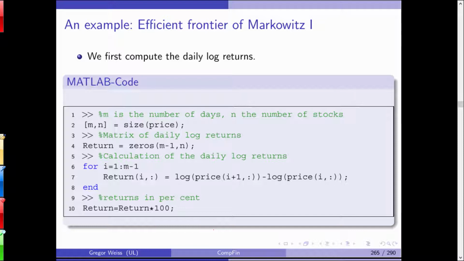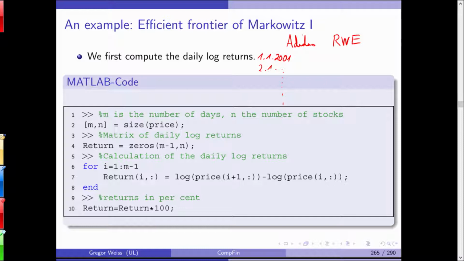So M is the number of lines, and N is the number of columns. So you have a structure where, for example, you have Adidas as a column, RWE, and this is the 1st January 2001. This is 2nd January, and so on. So you have M lines and N columns.